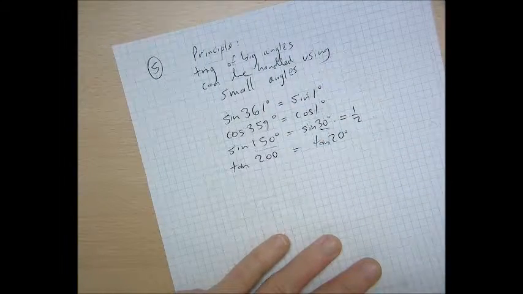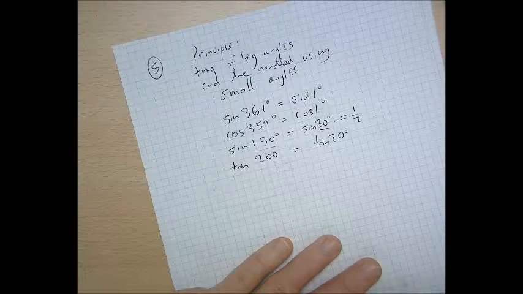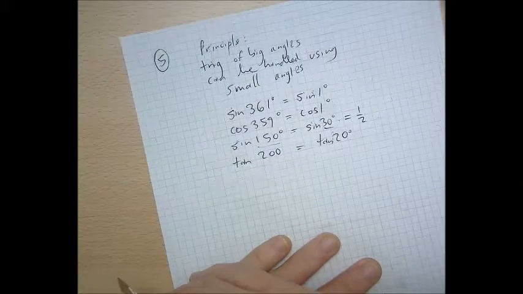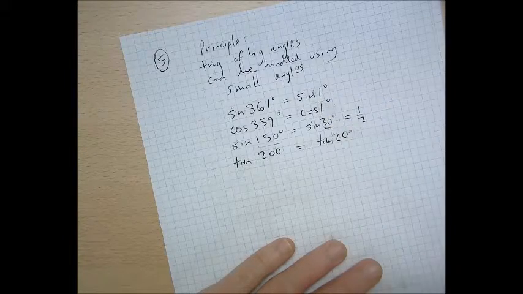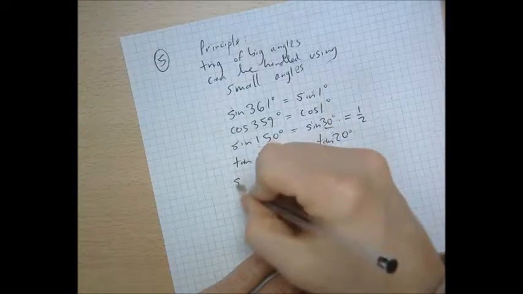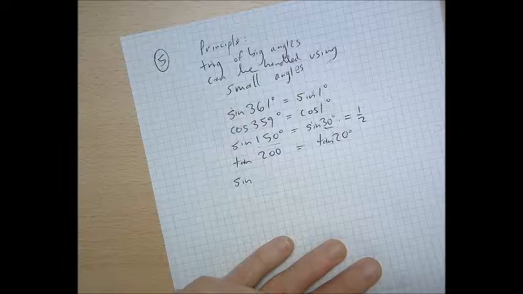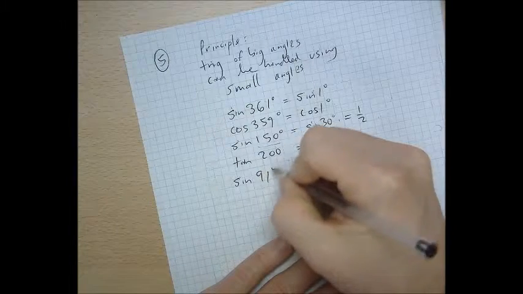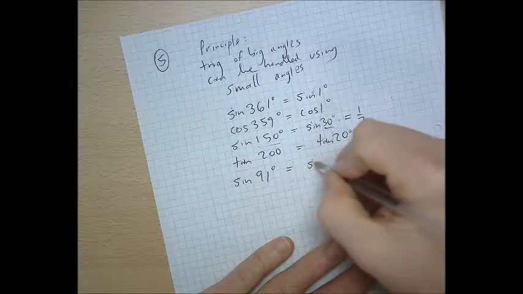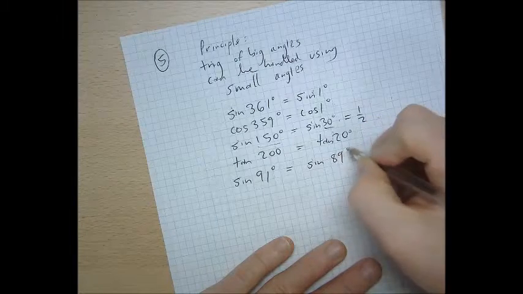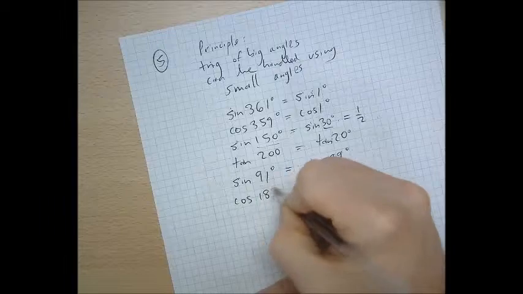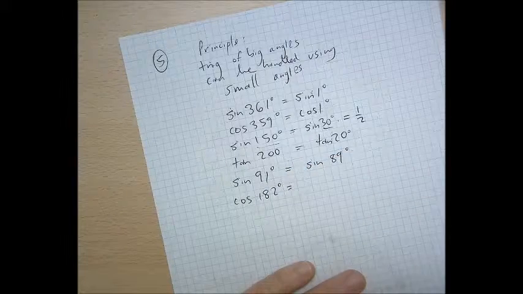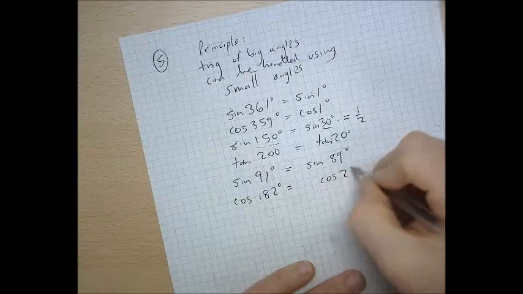Now, from these 4 examples, some of you watching the video might have been able to work out how I was getting these. Okay, if that's the case, I'm now going to make it a bit complicated for you. Sine 91 is the same as sine 89. Cos of 182, here's another complication, is not cos of 2, it's negative cos of 2.